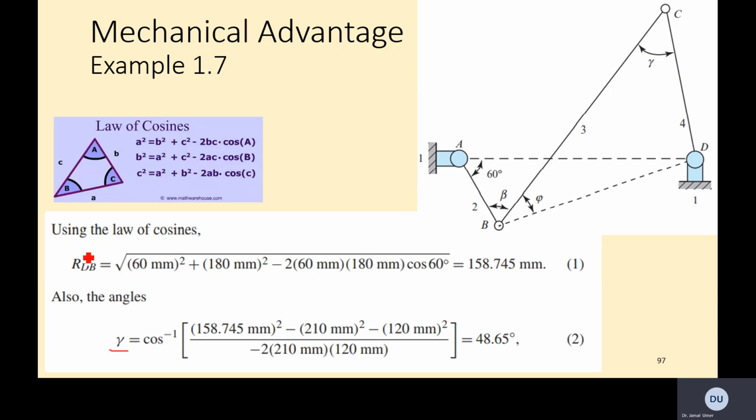So first of all, we need to work out, so he's solving one of this triangle, to find out at this particular position this length r dB.